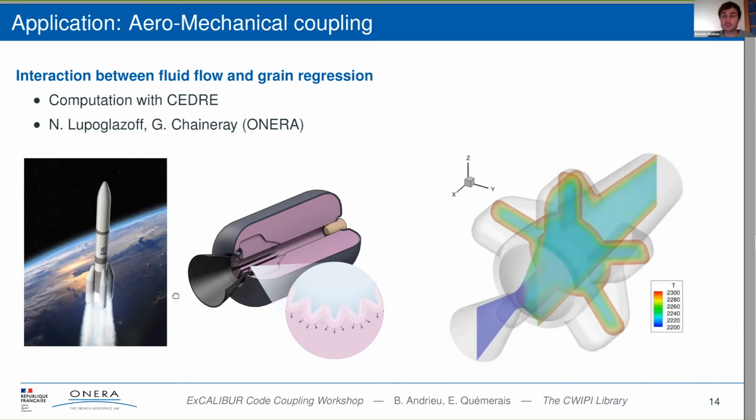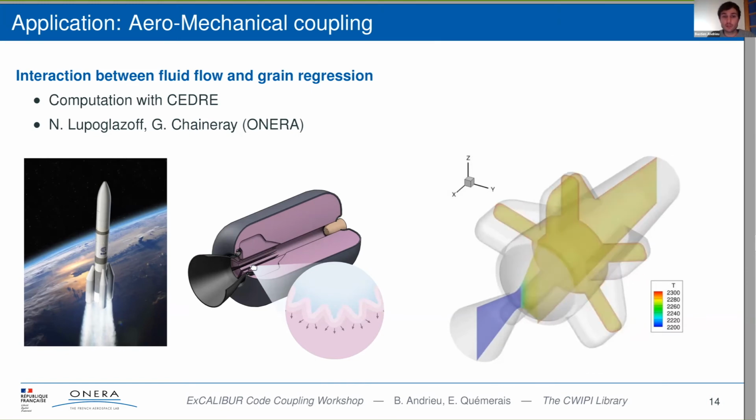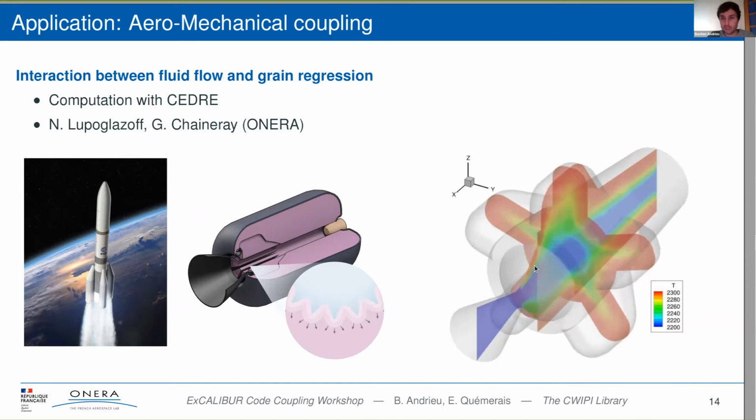As it's burning, the fluid domain is growing, and here CWIPI has been used to study the dynamic coupling between the grain regression and the fluid flow. And here we have, I believe, the temperature field inside the chamber.